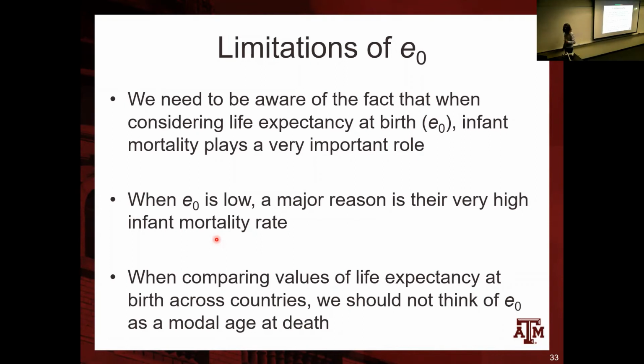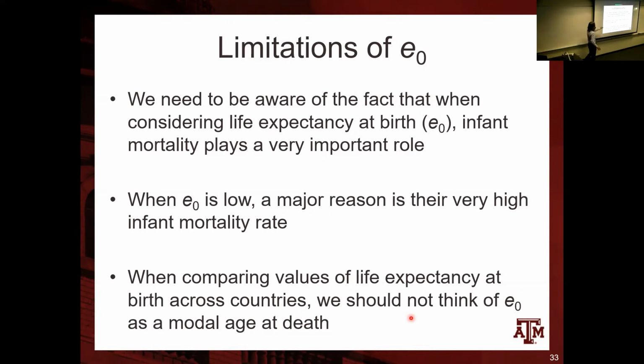When we compare values of life expectancy at birth across countries, and some of these countries have really high levels of infant mortality, we should not think of the life expectancy at birth as the usual age of dying, as the modal age of dying, the age at which most of the people die. Because the life expectancy at birth is being brought to lower levels by the high levels of infant mortality.